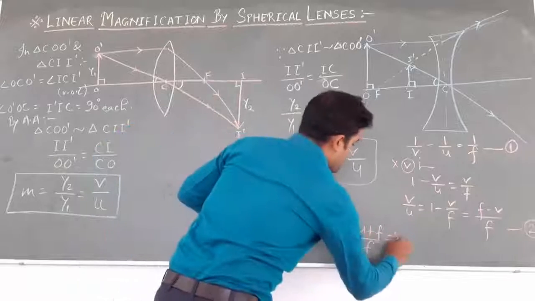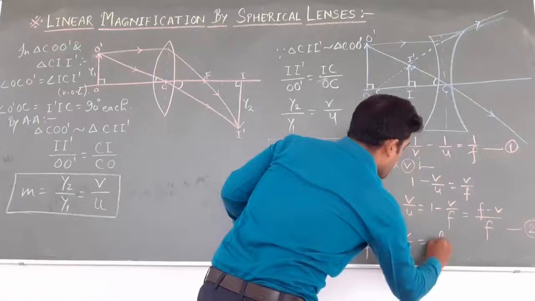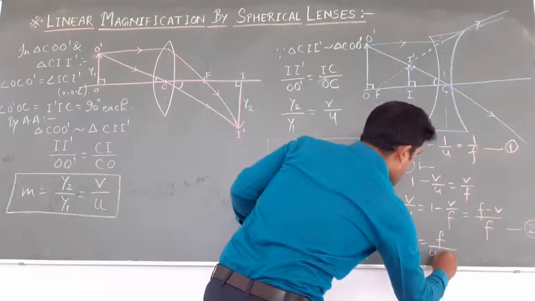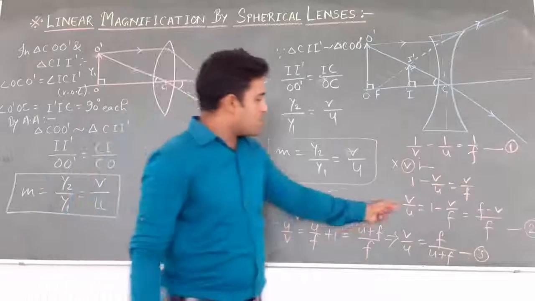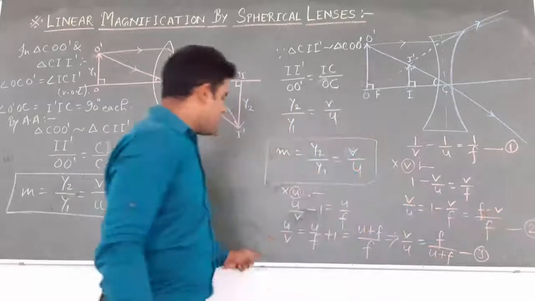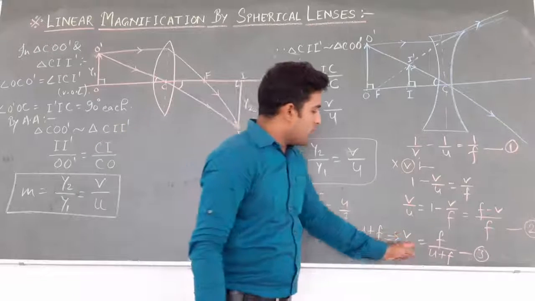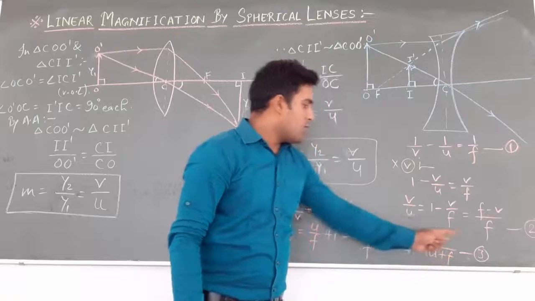So when you write the reciprocal of this equation, V by U is equal to F upon (U plus F), equation number 3.